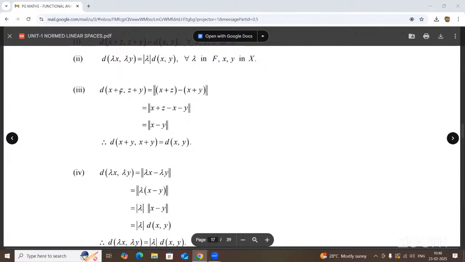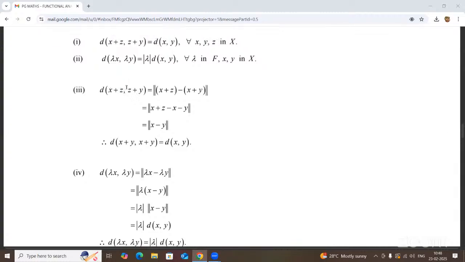Please rectify this one: d of x plus z and z plus y gives the value d of x and y. This is z, not y.